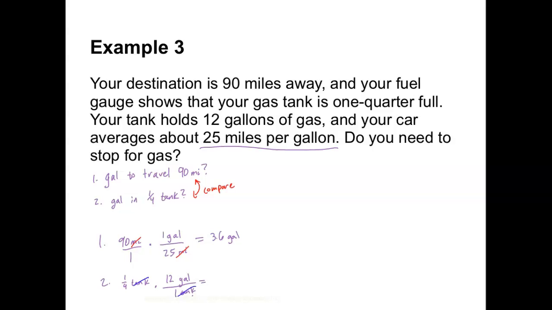So a fourth of 12 is just 3. We only have 3 gallons of gas in the tank, I should say, and up here we figured out that it would take us 3.6 gallons to drive the 90 miles, which tells us that if we're smart, we will stop for gas.